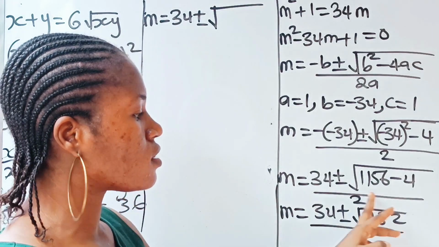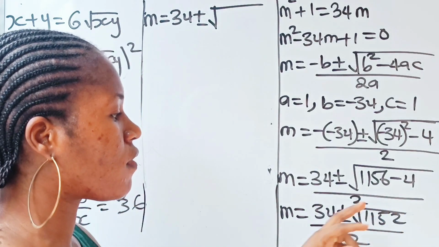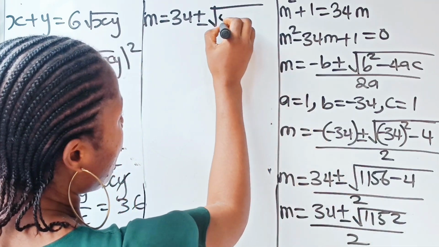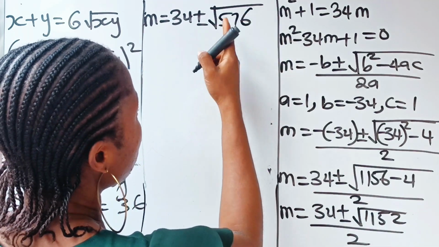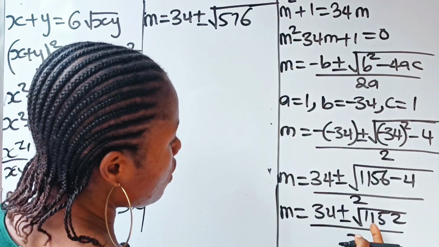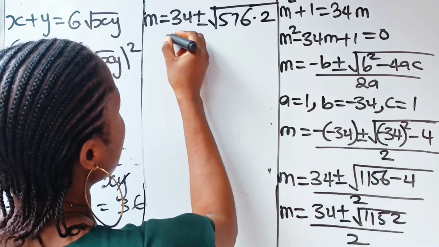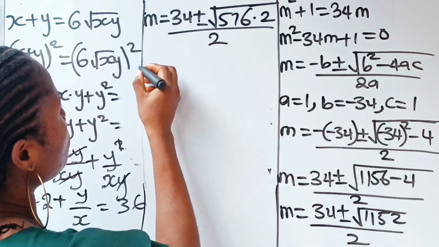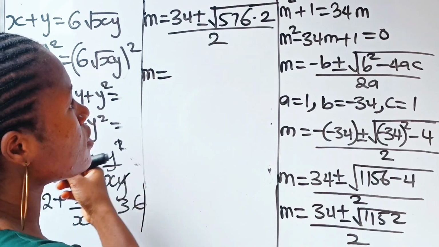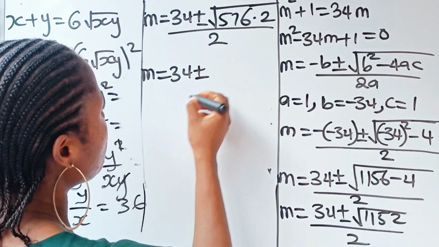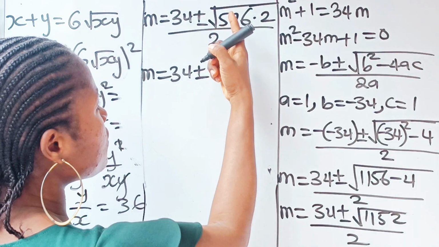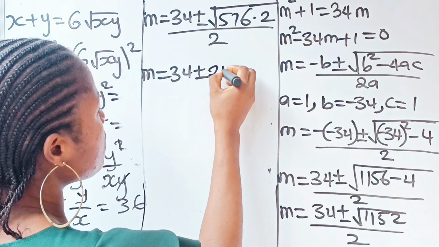So how do we get this square root without a calculator? If I divide this by 2, I will have 576, and 576 is a perfect square. So 576 multiplied by 2, divided by 2. Now m is equal to 34 plus or minus the square root of 576, which will give us 24.